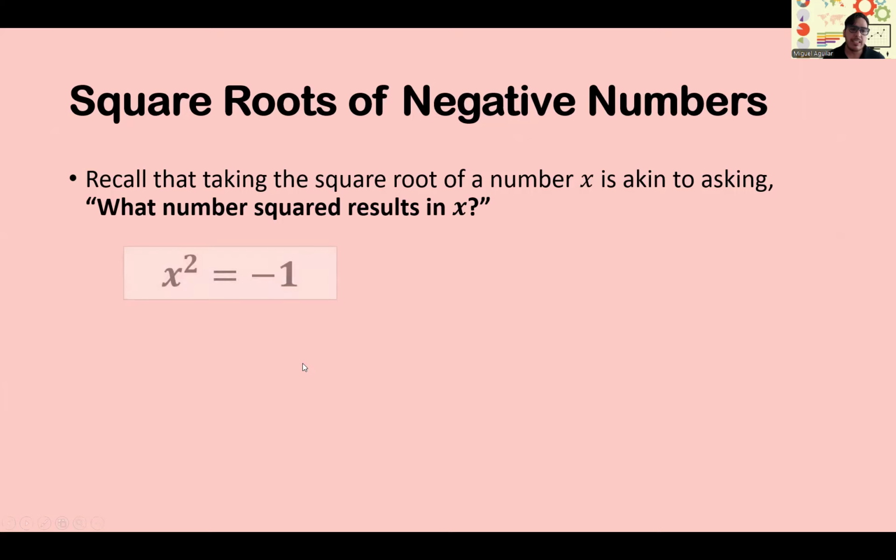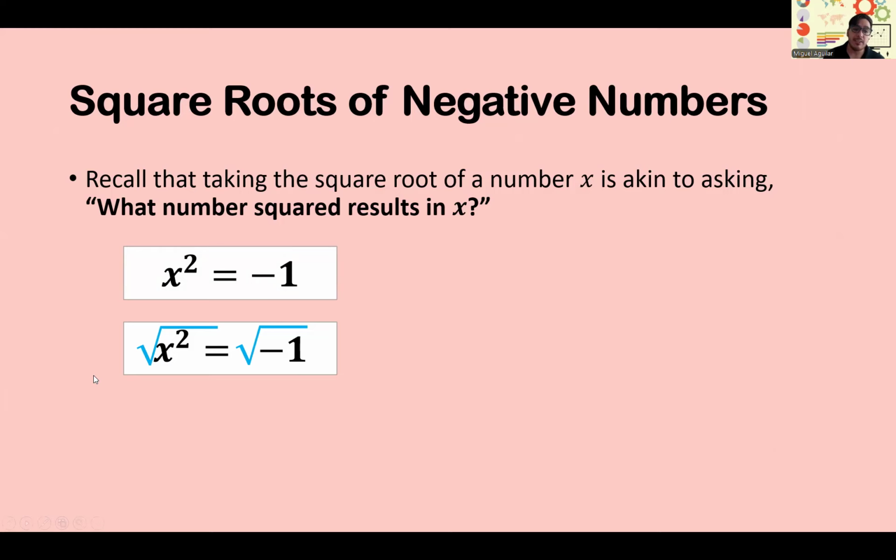Okay? So they said, okay, well, let's pretend that we have this equation, x squared equals negative 1. And let's imagine that we just go through this the same way we would solve other quadratic equations using the square root property, where we take the square root of both sides of the equation. Okay.